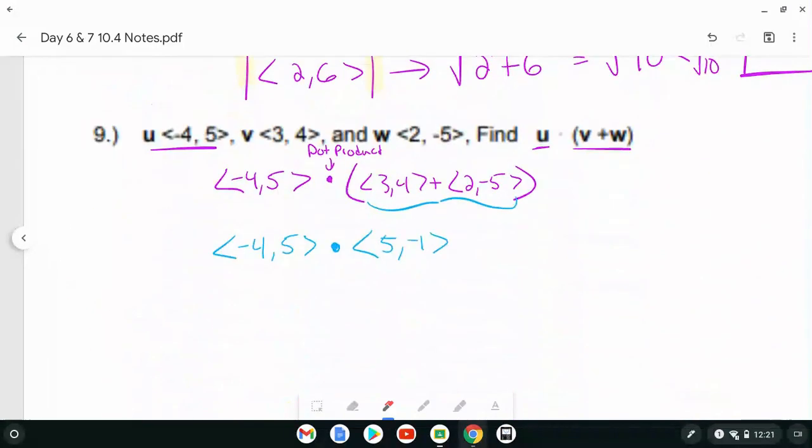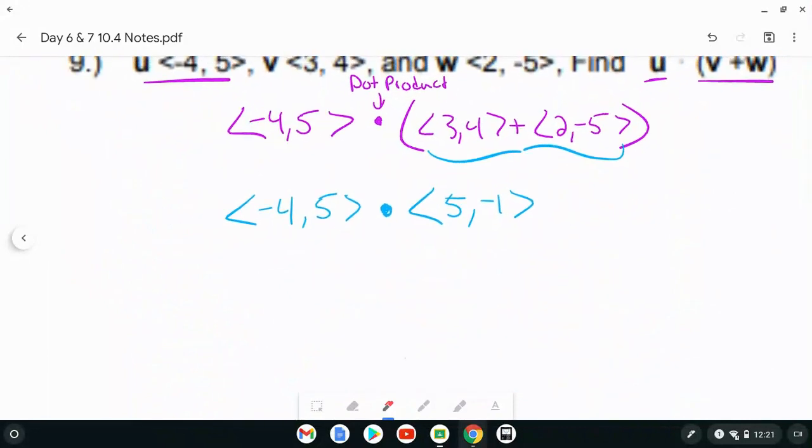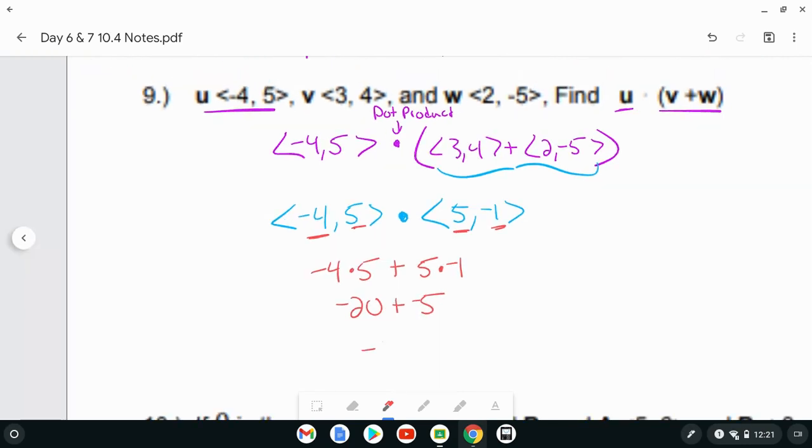So if we walk through that same process with these actual numbers, I multiply the x's, I multiply the y's, but then we're adding the results. So we get -20 plus -5. So the final result here is not, again, a vector, but rather a scalar. You end up with an actual number.